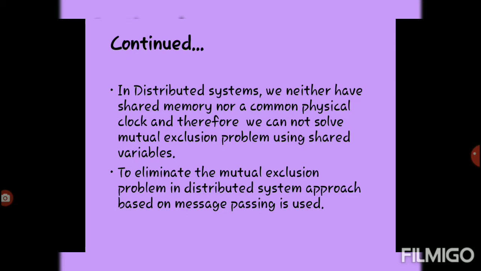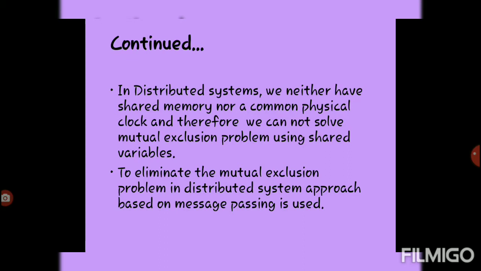In a distributed system, unlike a single computer system, none of the resources will be shared. There is no sharing of memory, no sharing of clock, no sharing of any I/O devices. So how can we solve the distributed mutual exclusion problem?